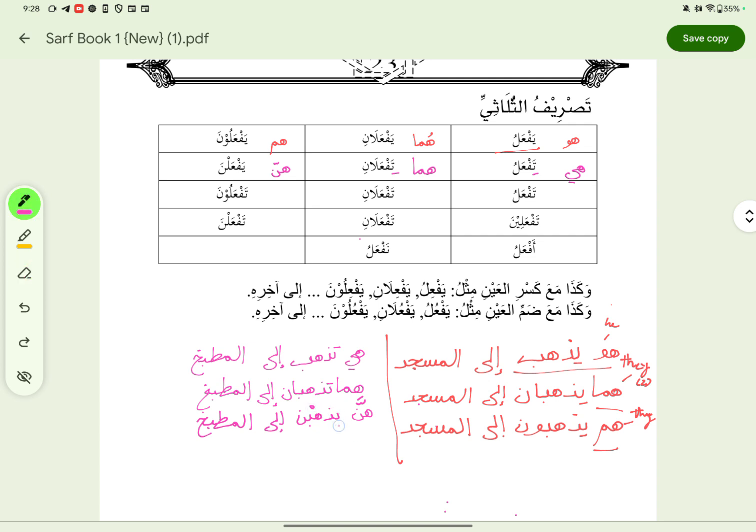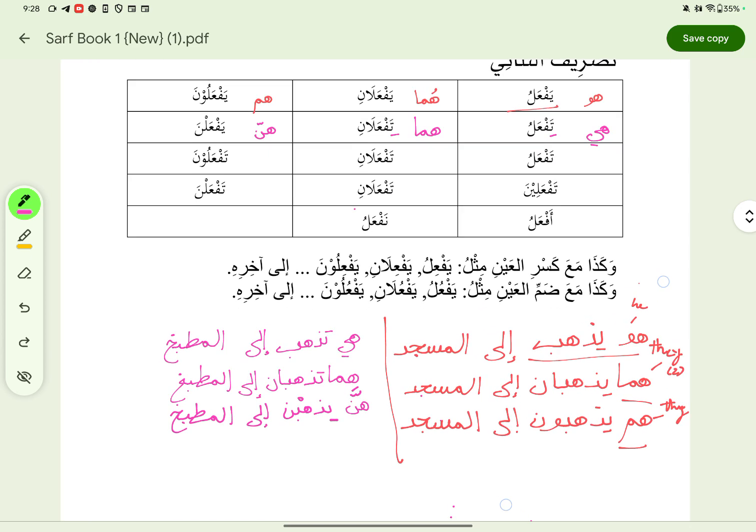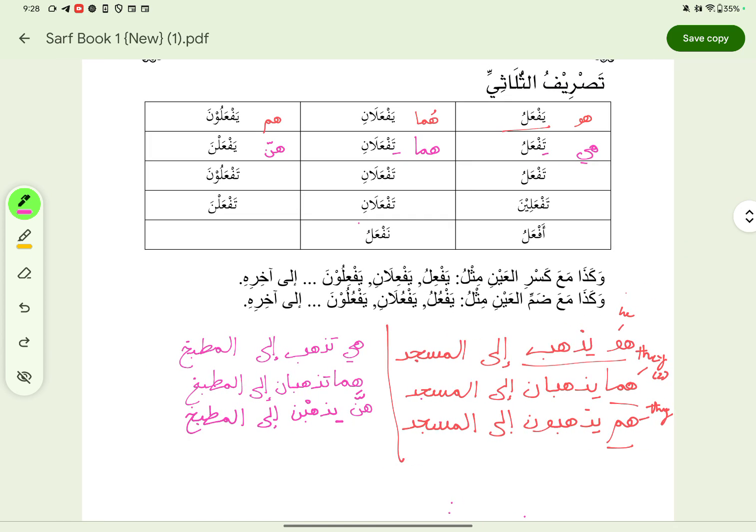In the male version, they use يفعلون. Okay. So this wow here signifies jam', plural, and is for males, or males and females mixed together.